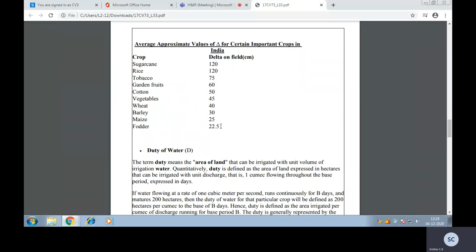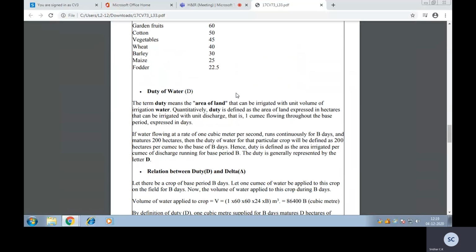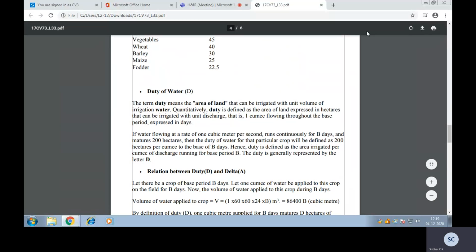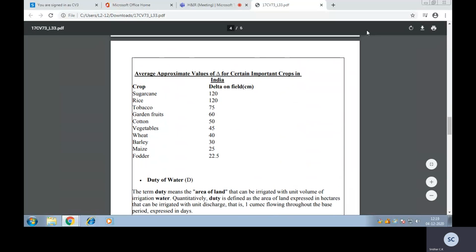So this is the depth of water which is very much required for the growth of the crop. Therefore, the delta of water is very evident for the development of the crop.